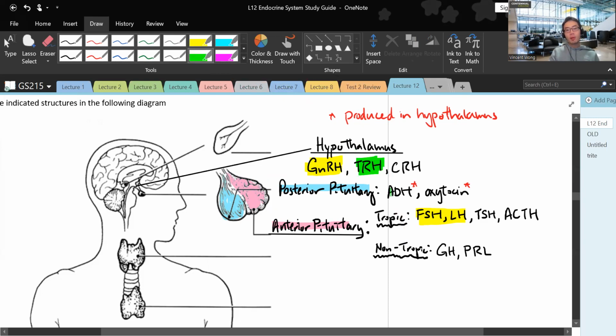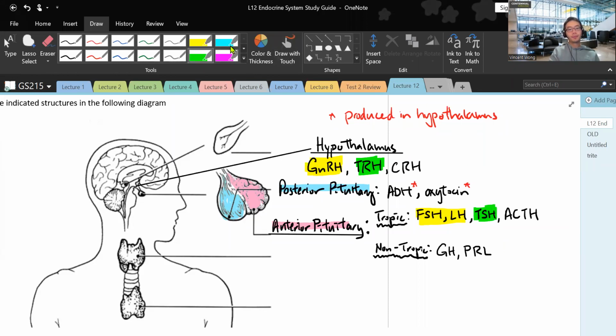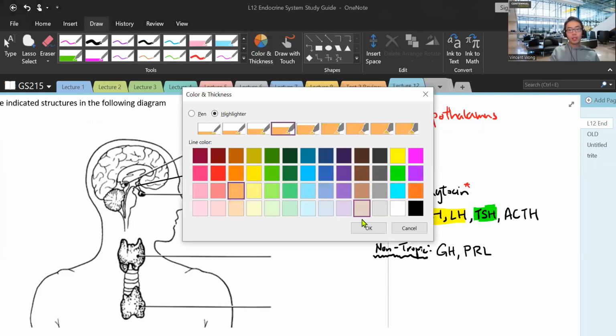Thyroid releasing hormone will cause the anterior pituitary gland to release the thyroid stimulating hormone. And then the last one, I'm just going to use orange, I guess.